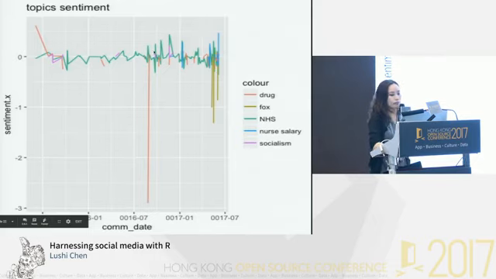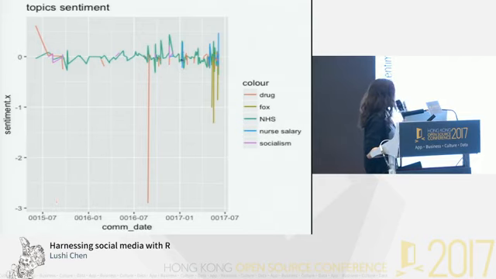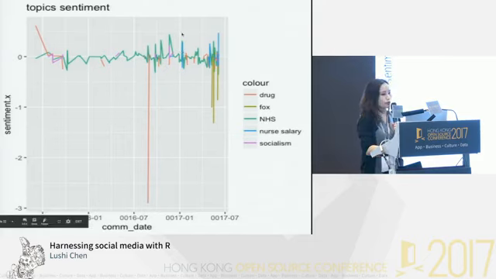NHS, people talk about NHS all the time, so we can see it from 2013. At the end of 2013, people start to talk about it. But starting from January of this year, people became aware that the shortage of nurses is an issue. That's why they started mentioning it, and they're not happy with it.